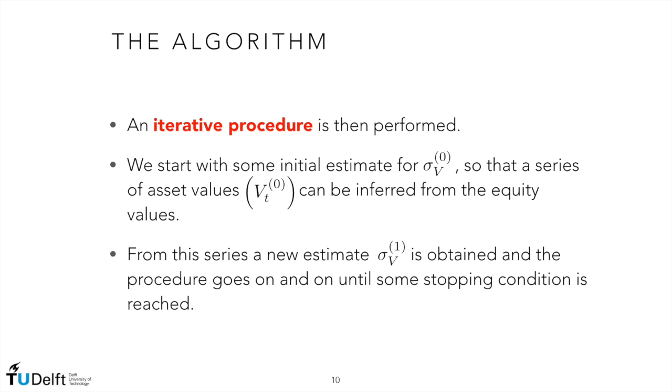Then, thanks to an iterative procedure, an iterative algorithm, we can compute the quantities sigma V and V0, that are the two quantities we still miss, that we need in order to compute the distance to default, a quantity that we are going to introduce in a minute, which is the basis, the fundamental quantity for the estimation of the EDF.